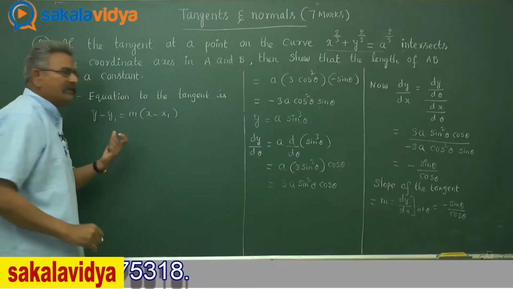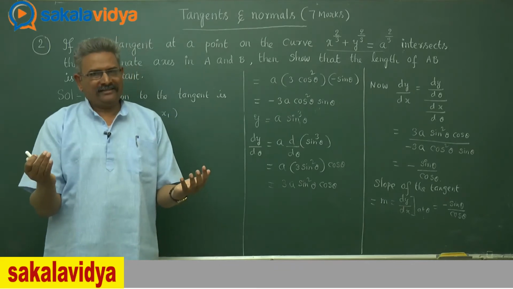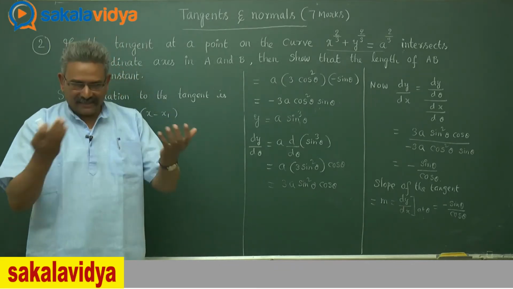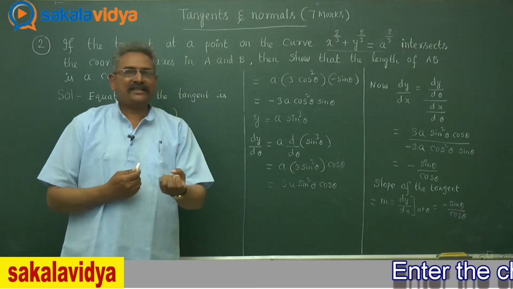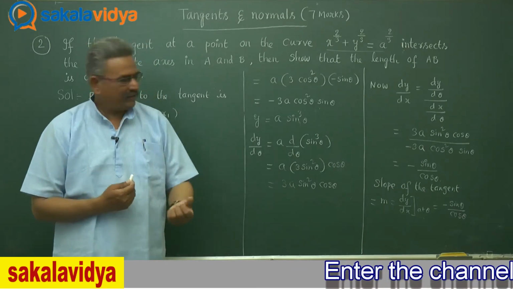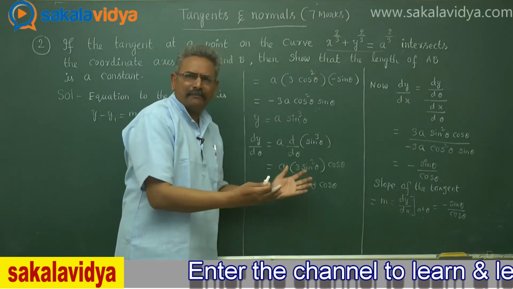But here we get a little bit of confusion. What do we mean by x1, y1? That is nothing but the parametric equations. x1 stands for a cos cube theta, y1 stands for a sin cube theta, whereas m is already known, that is minus sin theta by cos theta. So let it be replaced.